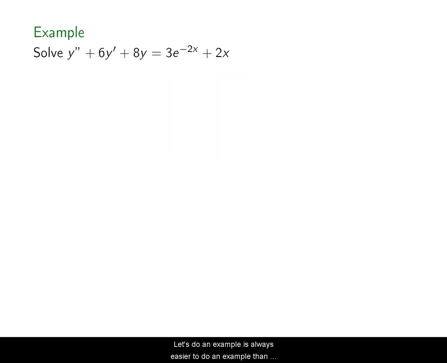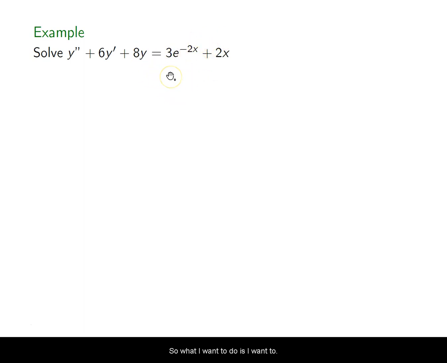Okay, so let's do an example. It's always easier to do an example than to look through a wall of text. So we have this second order equation, and it's non-homogeneous because I have a g of x function.